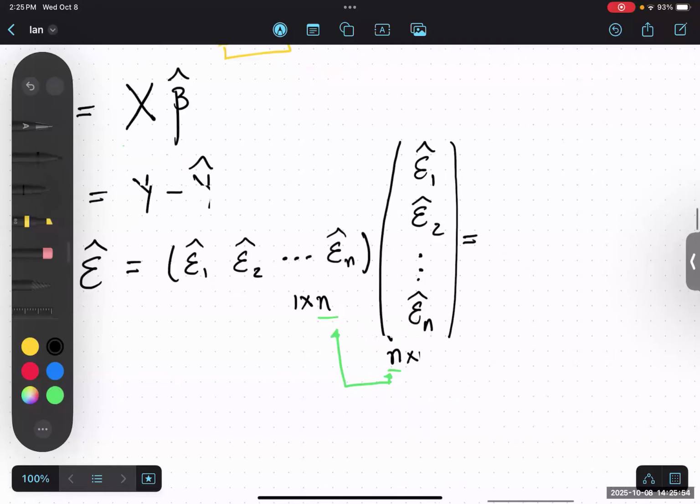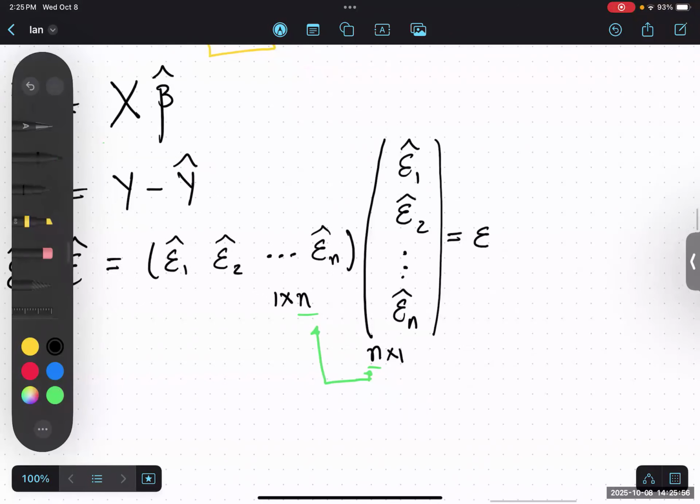It comes from the product of epsilon hat 1 and epsilon hat 1, which is epsilon hat 1 squared.